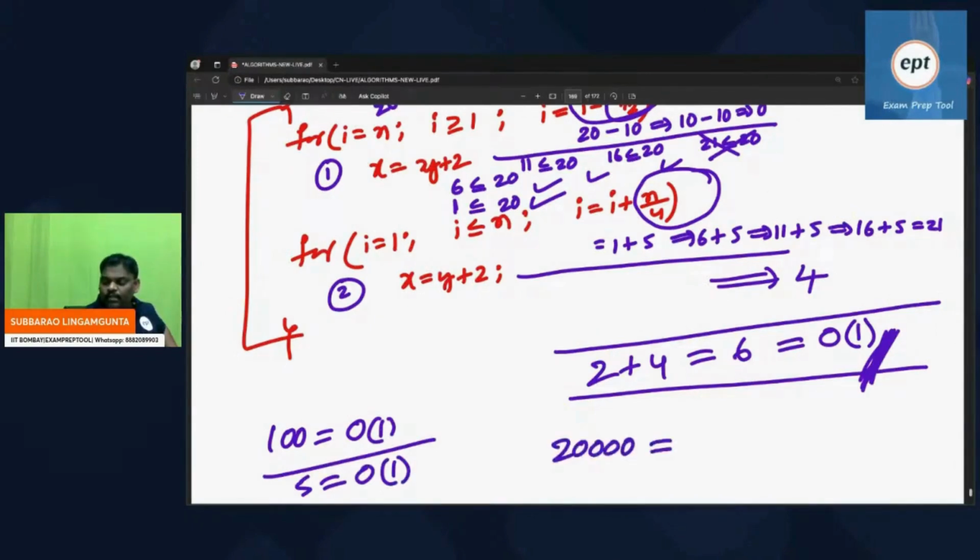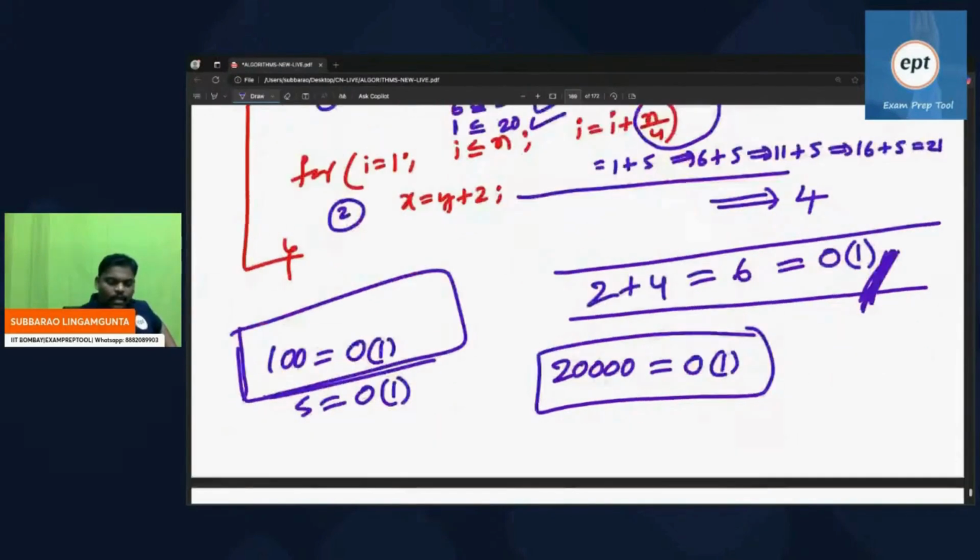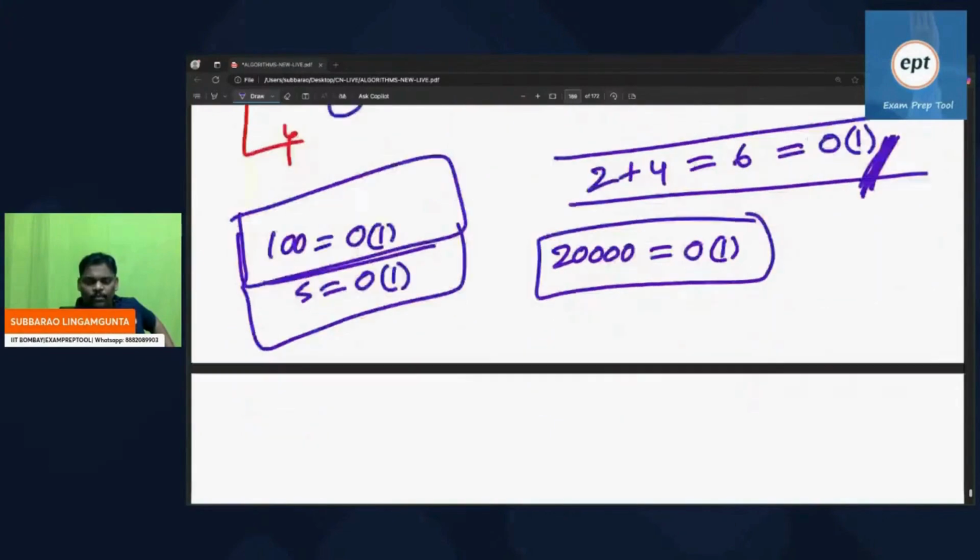Every constant can be written as big O of 1. In algorithm terminology, every constant is the same. If you think this program's time complexity is constant, simply write big O of 1. I hope everyone is comfortable.